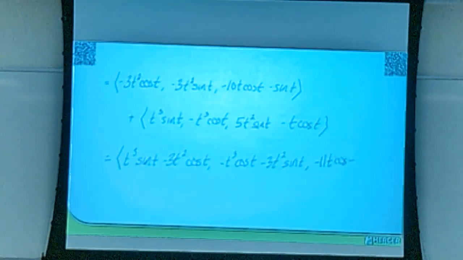I'm going to rewrite that. I'm also going to move it down for space. 5t squared sine of t minus sine of t minus 11t cosine of t.